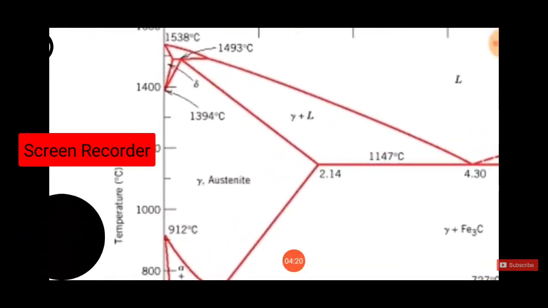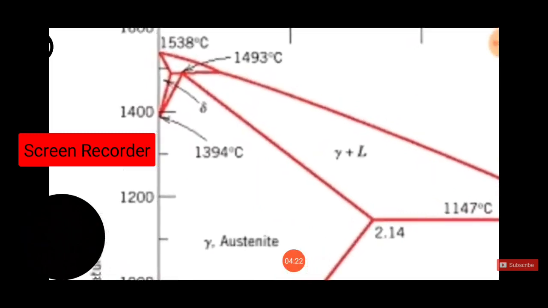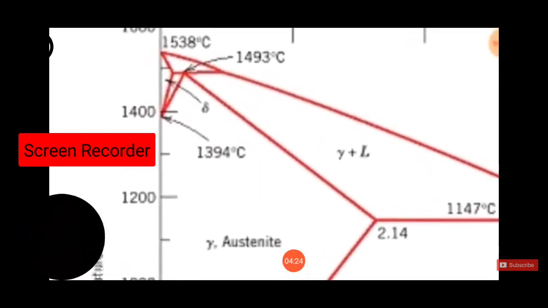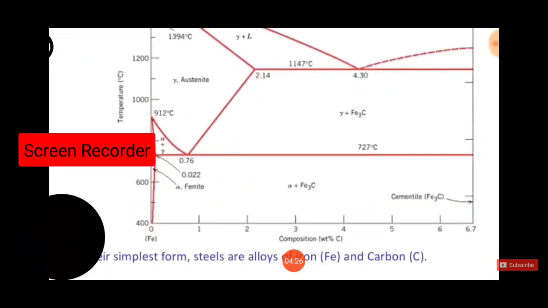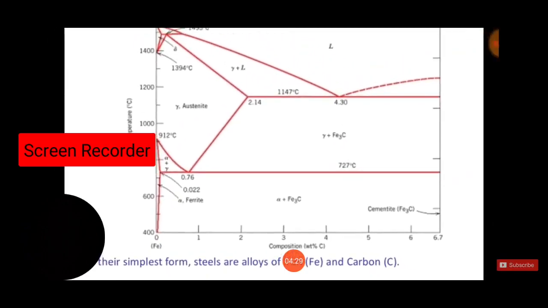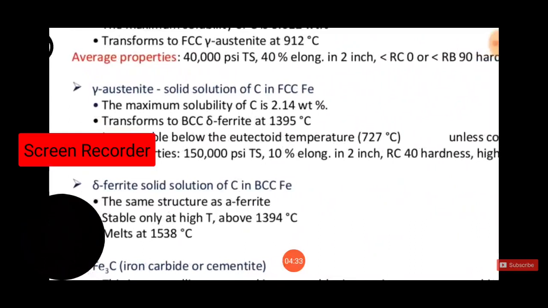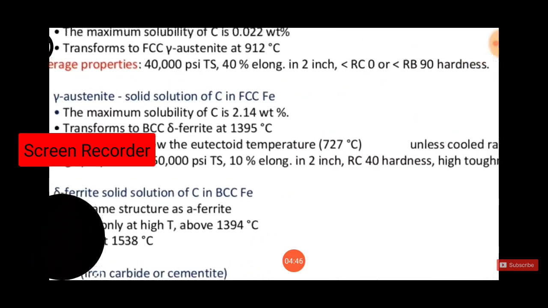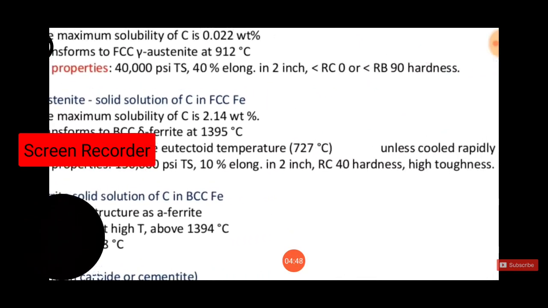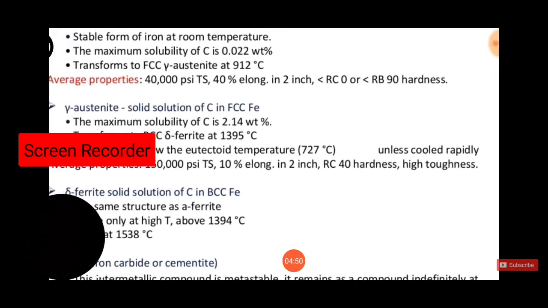Gamma austenite transforms to delta at 1394 degrees Celsius with 2.14% of carbon. The average properties of the gamma austenite are 150,000 psi tensile strength, 10% elongation in 2-inch, Rockwell hardness 40 and high toughness.